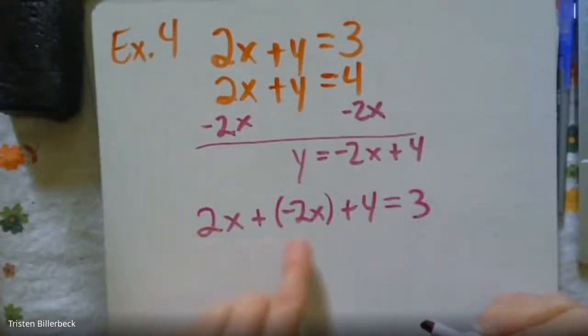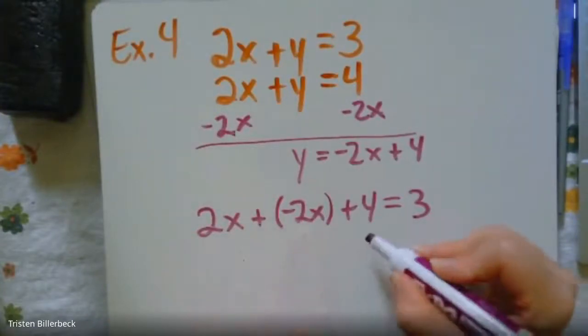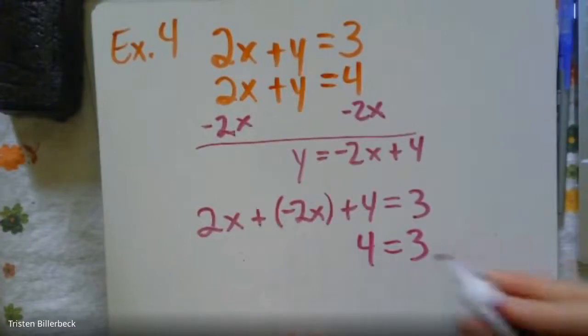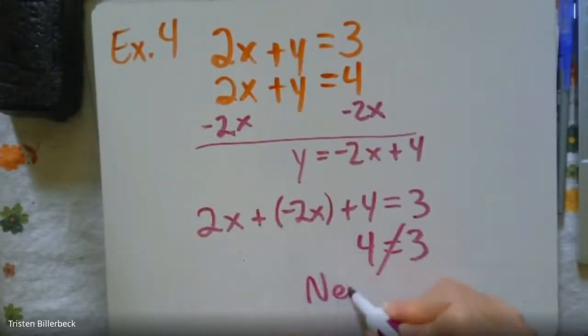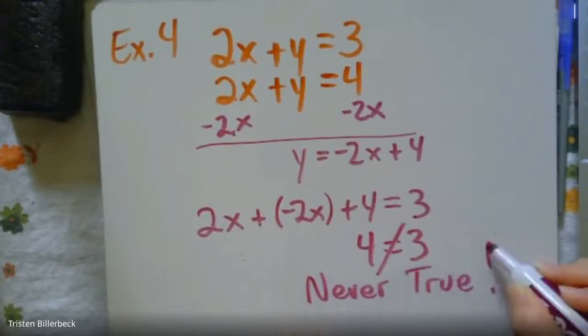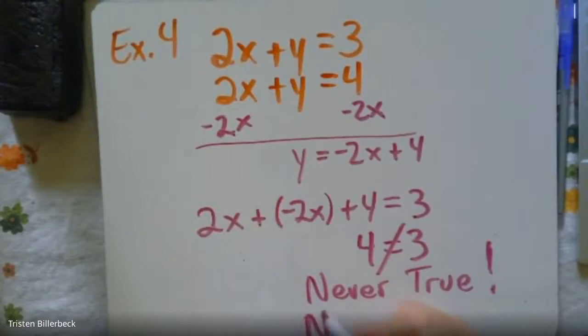Well, 2x plus a negative 2x is 0, so then I have 4 equals 3. Wait a second, 4 does not equal 3. This is never true.